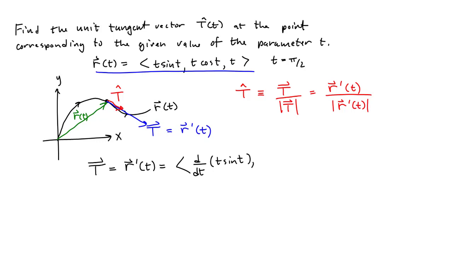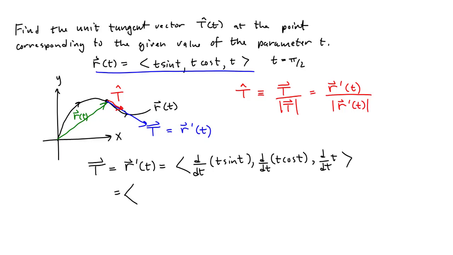So the x component will be the derivative of the x component with respect to t, the derivative of the y component with respect to t, and the derivative of the z component with respect to t.